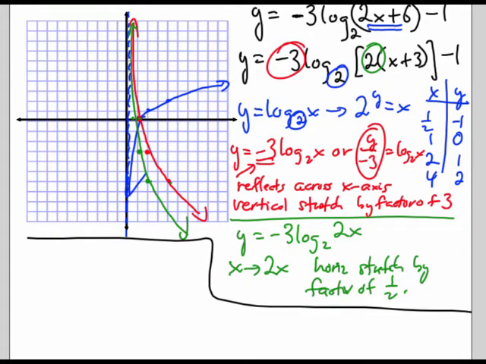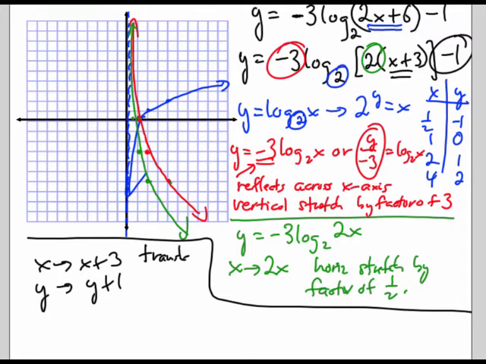And finally, I'm ready to deal with the numbers that are added or subtracted onto the x. And I see that x is replaced by x plus 3. And the -1, which can really be thought of as y plus 1, those are translations. So the graph is going to be translated 3 left and 1 down.